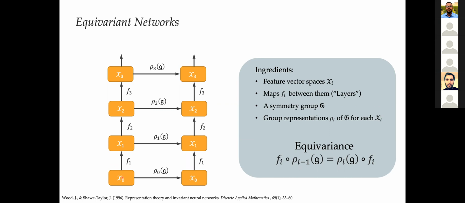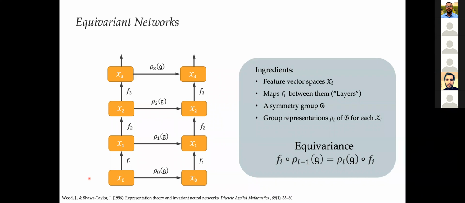And in an equivariant network, there's a couple extra ingredients beyond what you have in a normal neural network. Namely, first of all, there's a symmetry group. And secondly, for each feature space i, there is a representation rho i of that feature space that acts on it. So the simplest example might be a planar image, and you have, let's say, an RGB input.